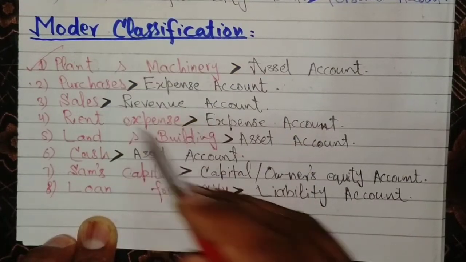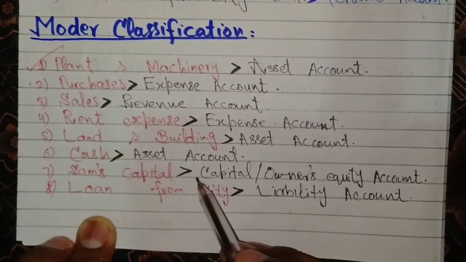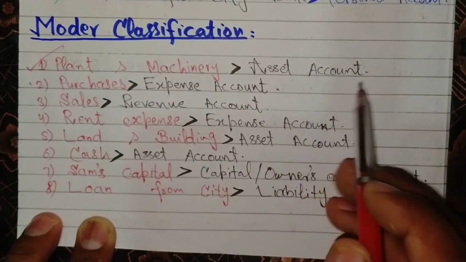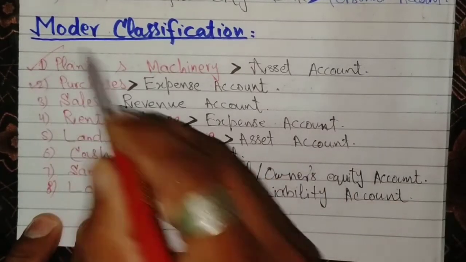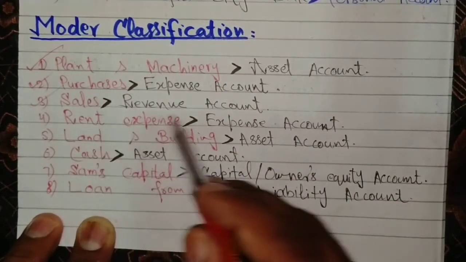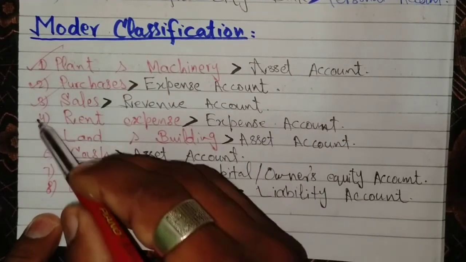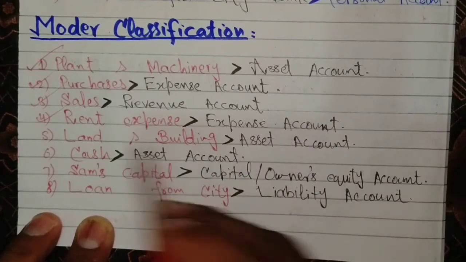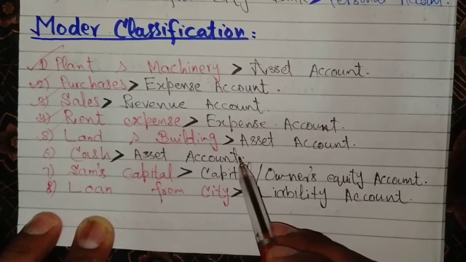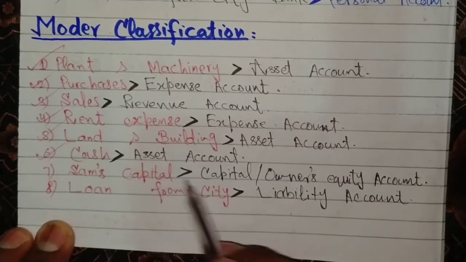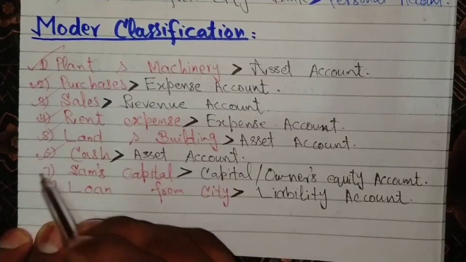Next is modern classification of accounts. First, plant and machinery will be considered an asset account. Purchases will be considered an expense account. Sales will be considered a revenue account. Rent will be considered an expense account. Land and building will be considered an asset account. Cash will be considered an asset account.